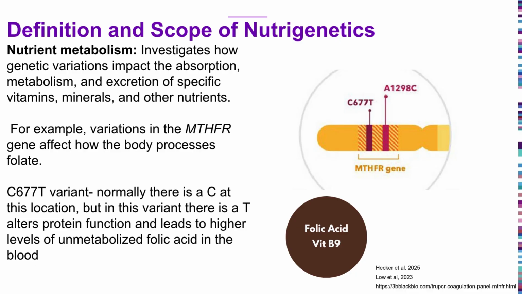You learned about this concept in a previous lecture about ancestry. In this case, Hispanic individuals are more likely than non Hispanic whites and non Hispanic blacks to have the MTHFR C677T variant.